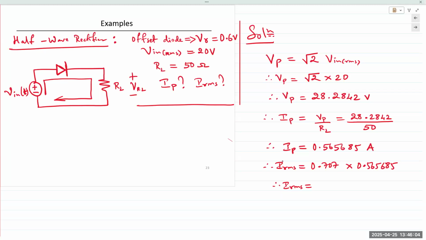No, because we are not talking about peak to peak values. We're simply talking about peak values. So the mathematical equation simply applies as VP. When the current or the voltage is negative, there will be no current, which will affect RMS. So yes, the peak value stays the same.